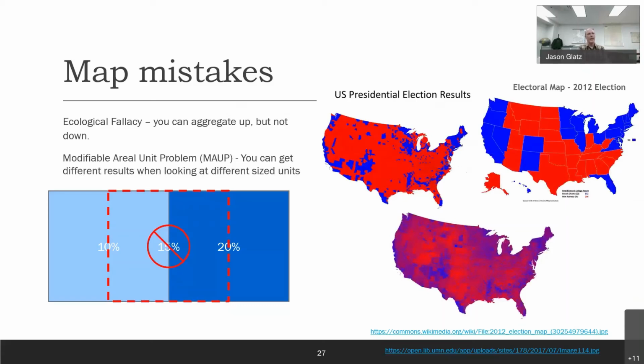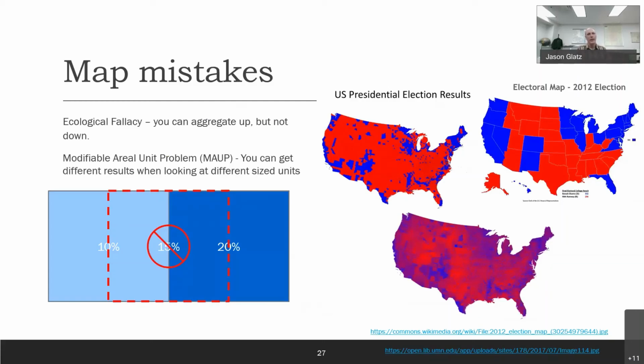Similarly, there's an idea in geography called the modifiable areal unit problem. That is basically the concept that you can get different results from your analysis depending on the size of the area that you're looking at.